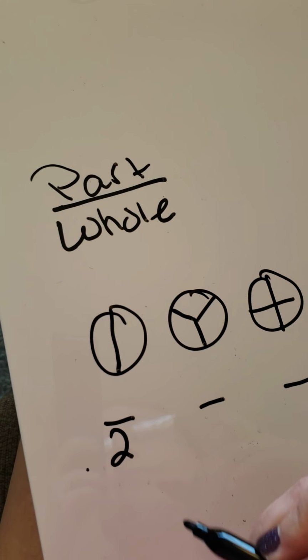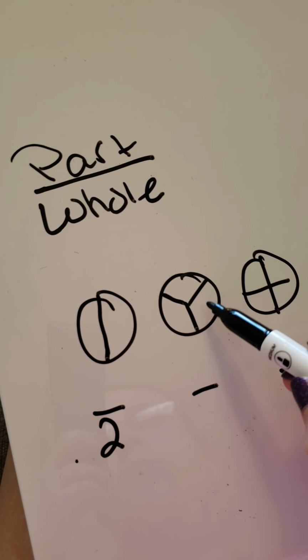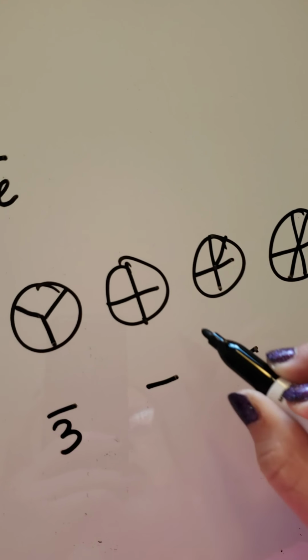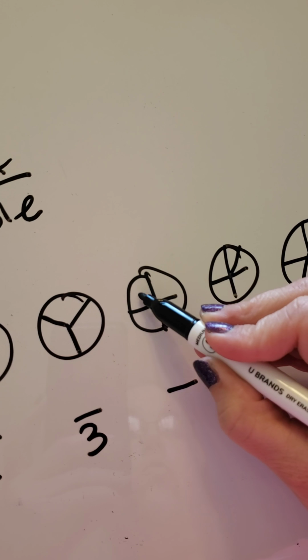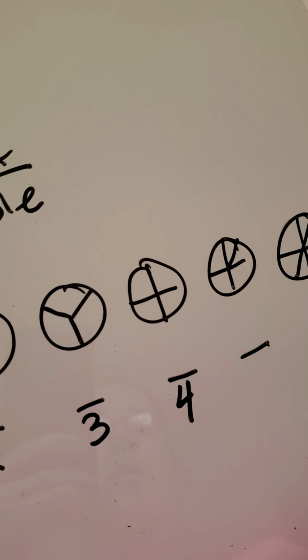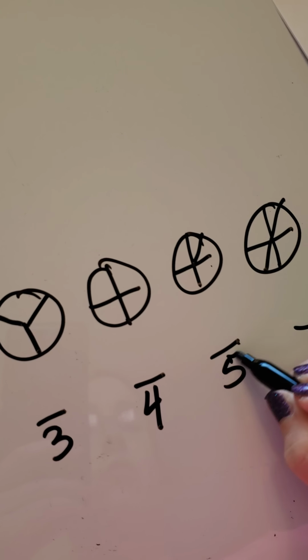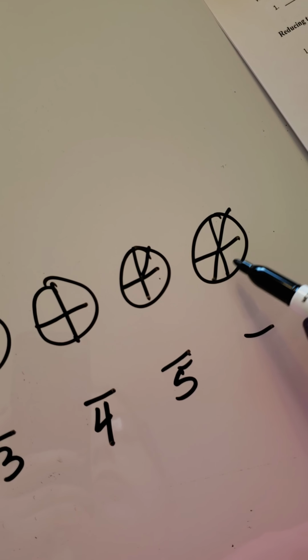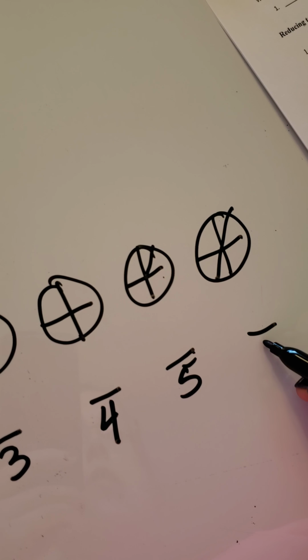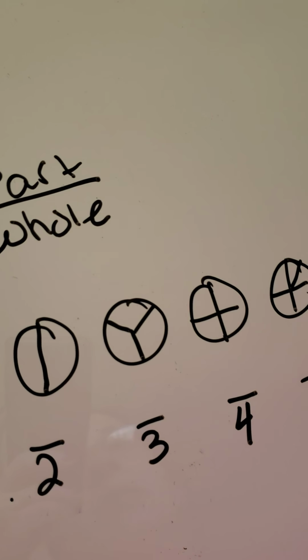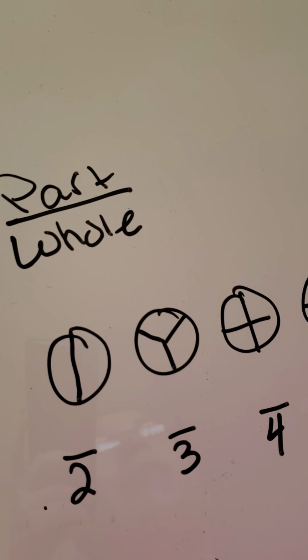This whole pie has 3 pieces. This whole pie has 4 pieces, 5 pieces, 6 pieces. And that's how we get the denominator: how many pieces are in the whole entire pie?